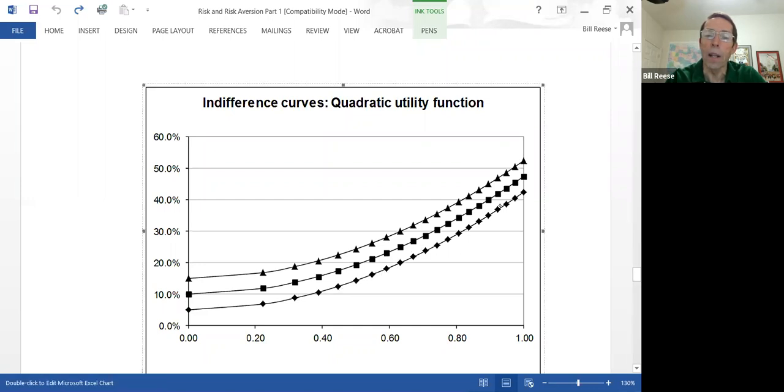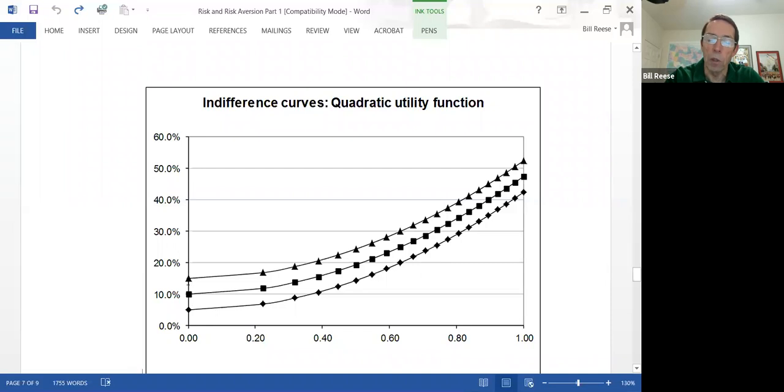Every point on this curve with these diamonds on it must get the same level of utility, 5%. Every point on here is giving the investor utility of 5%. Every point on this curve is giving investors a utility of 10%. And we know it's 10% because right down there on the y-intercept is an expected return of 10% with a standard deviation of 0.